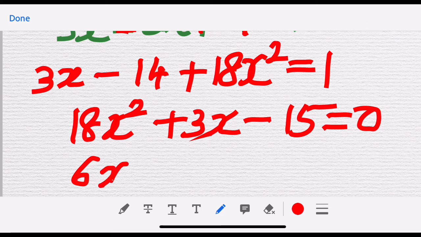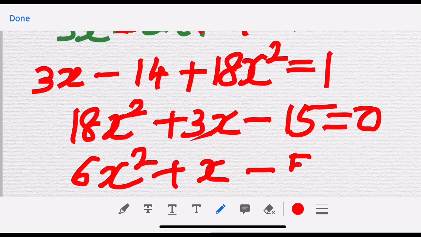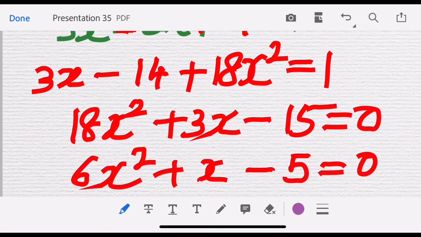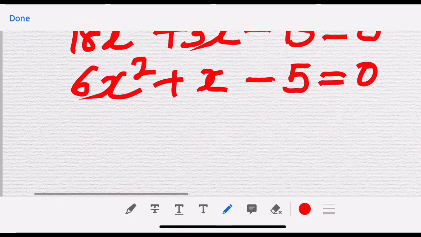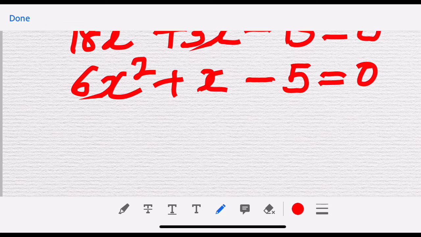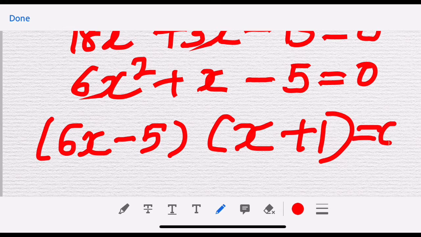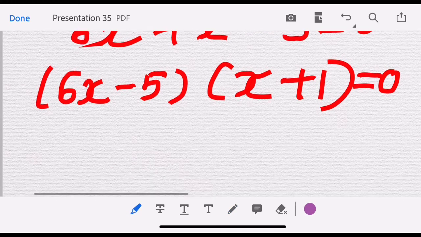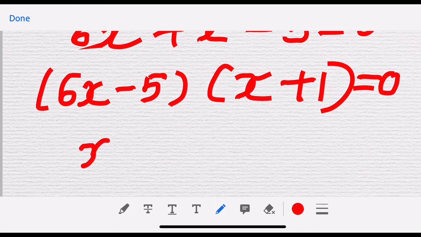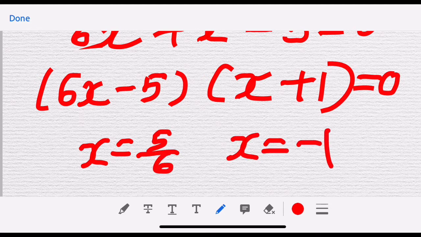If you factorize using calculator, you actually lose about 2 marks. Please simplify first before you factorize. So your x is 5 over 6 and your x is negative 1.